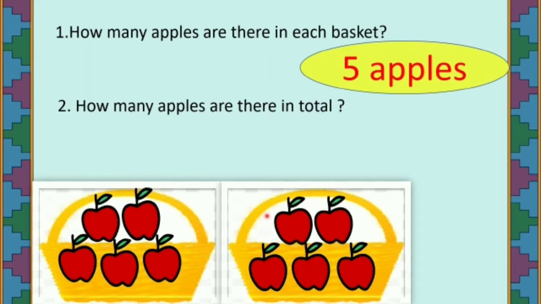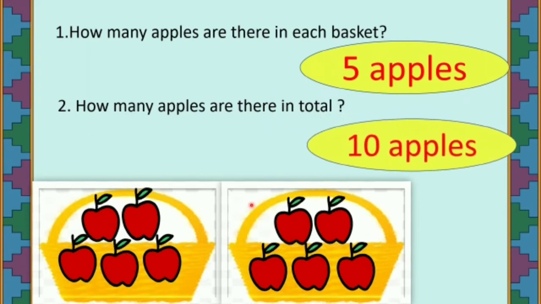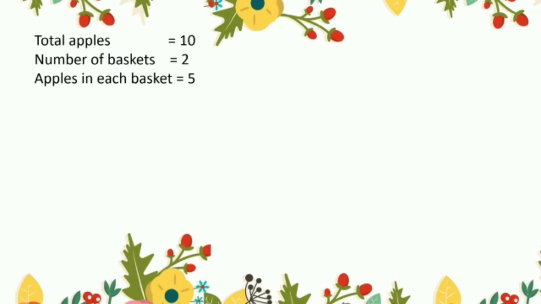So the total number of apples both friends had collected is 10. We can summarize it as: total apples both friends had collected were 10. The number of baskets in which they divided the apples was 2. Apples in each basket were 5.